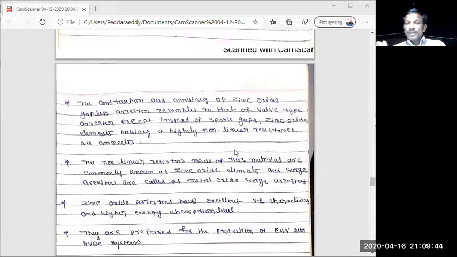So with the help of zinc oxide elements, the arrester offers very low resistance for high voltage surges and very high resistance for low or normal voltages. That's why it acts as a conductor at the time of voltage surges or faulty conditions, and as a perfect insulator under normal operating conditions.